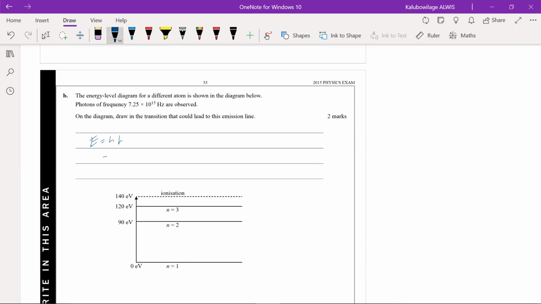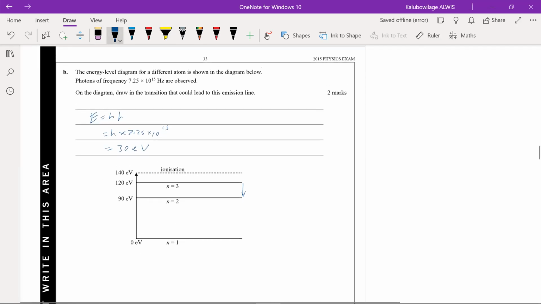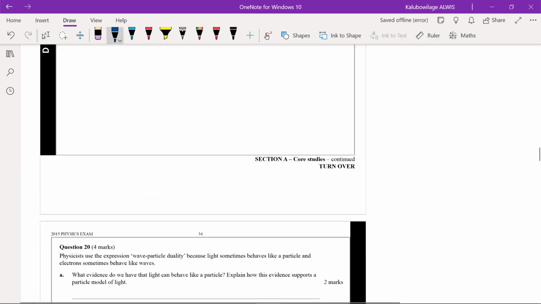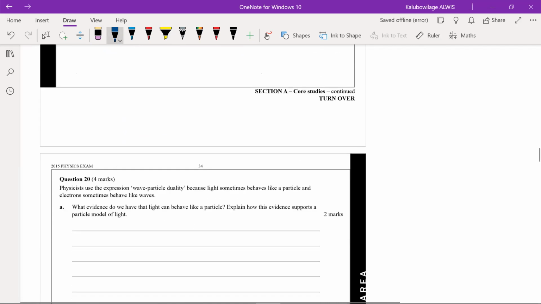So h times 10 to the power 15 is 30 electron volts. 120 minus 90 is 30. So third from here. Emissions. This is this expression.